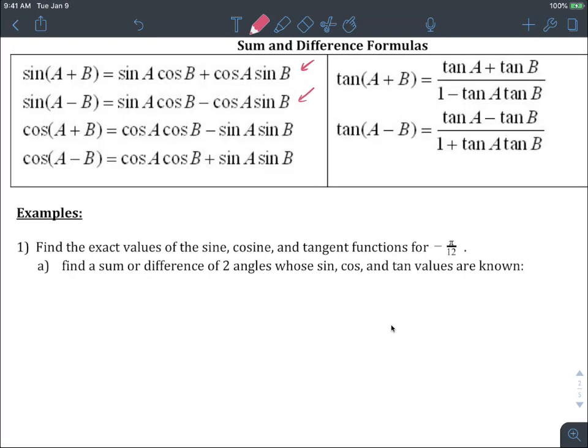All right, so we're going to find the exact values of sine, cosine, and tangent for negative pi over 12. So first off, we need to figure out a sum or a difference.